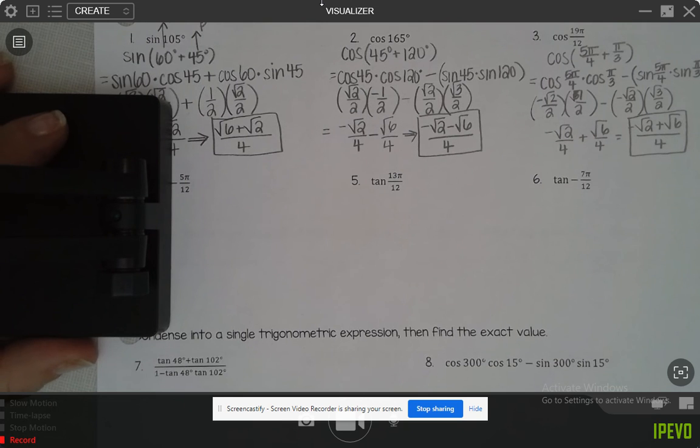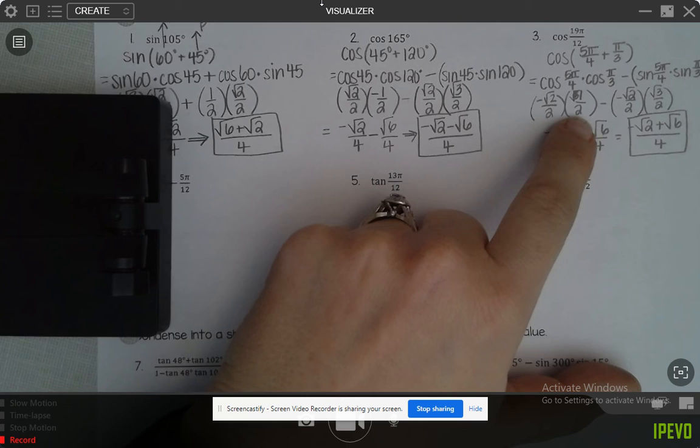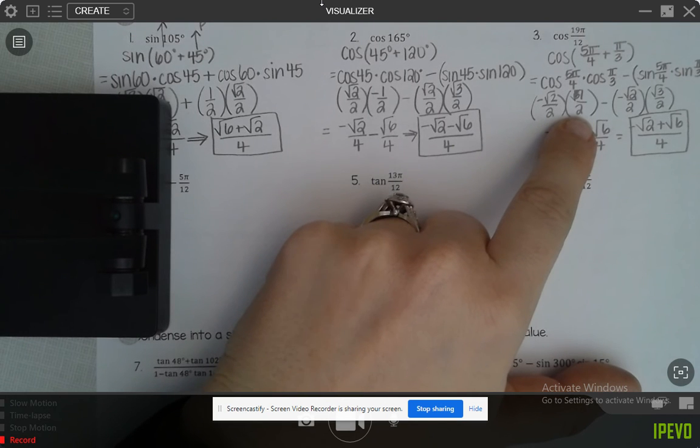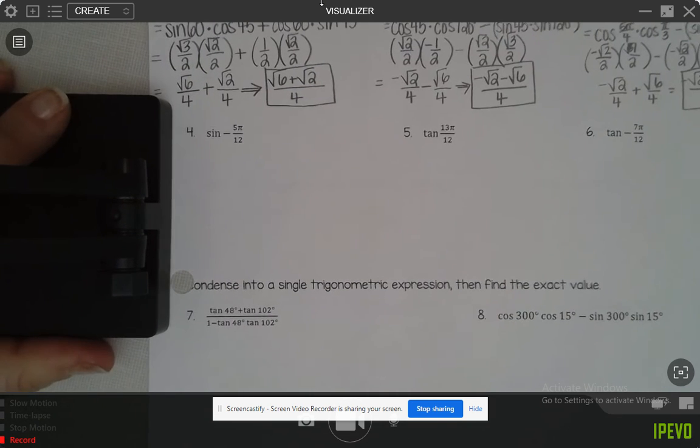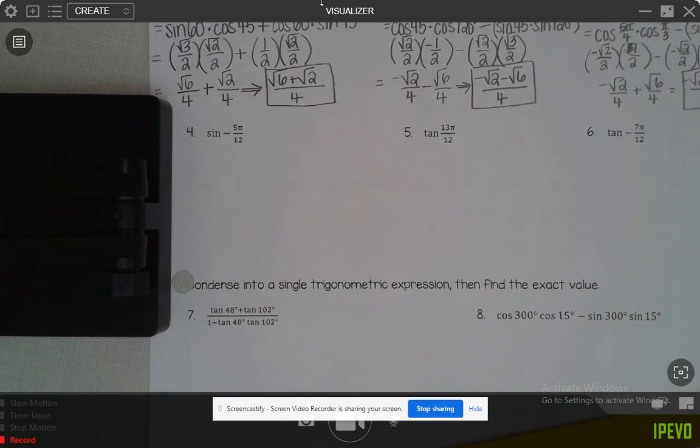I'd really like to get to tangent. Yes, ma'am. 1/2 right here. 1/2. I just had a brain fart and I was about ready to write radical 3 over 2. And I didn't erase it. Okay. 4. Okay. 4.